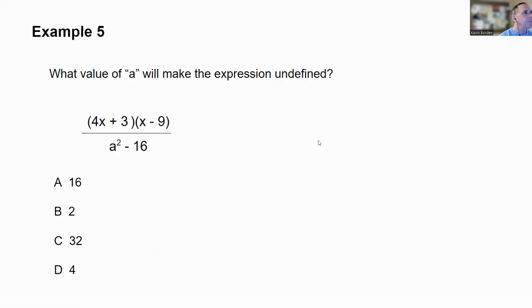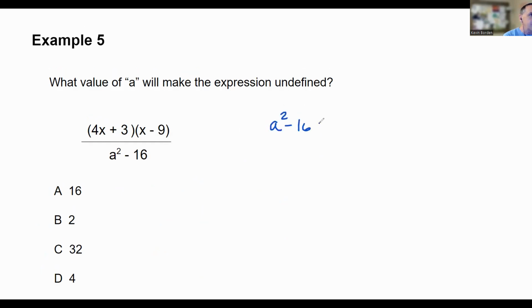Last example. This is the most difficult of these, but I wanted you to see this kind of denominator at least once. Let's set this up. a squared minus 16 equals 0. We add 16 to both sides, and we get a squared equals 16.